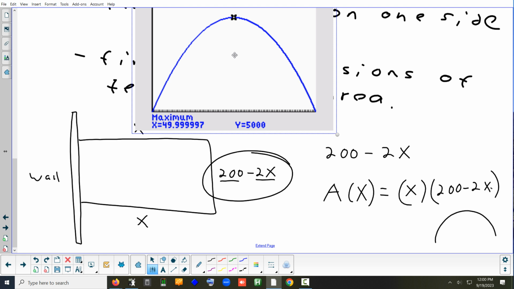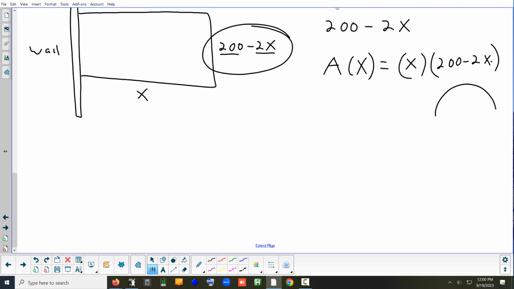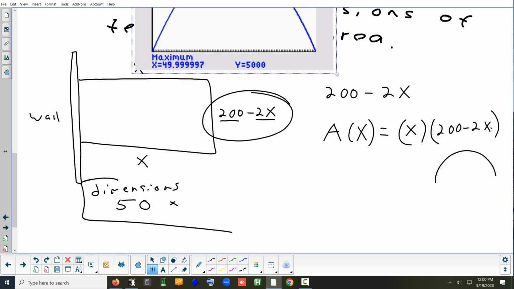So what does it basically say X should be? 50. And X here is one dimension. So we want it to be 50 by, well, if you use up 50 for the top and 50 for the bottom, you've got 50 and 50.